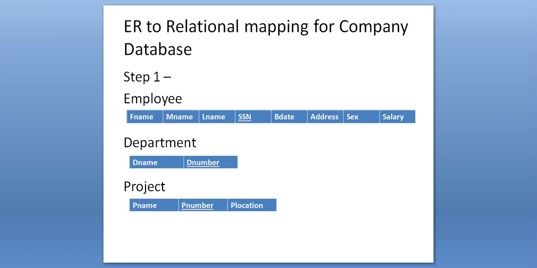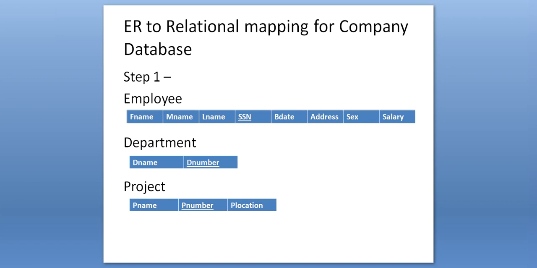The simple components of this name attribute are F name, M name, and L name. So we'll just use the simple components and put them as attributes in the employee relation. We'll have F name, M name, and L name, and then SSN, birth date, address, sex, and salary, which are the remaining simple attributes for the employee entity type.